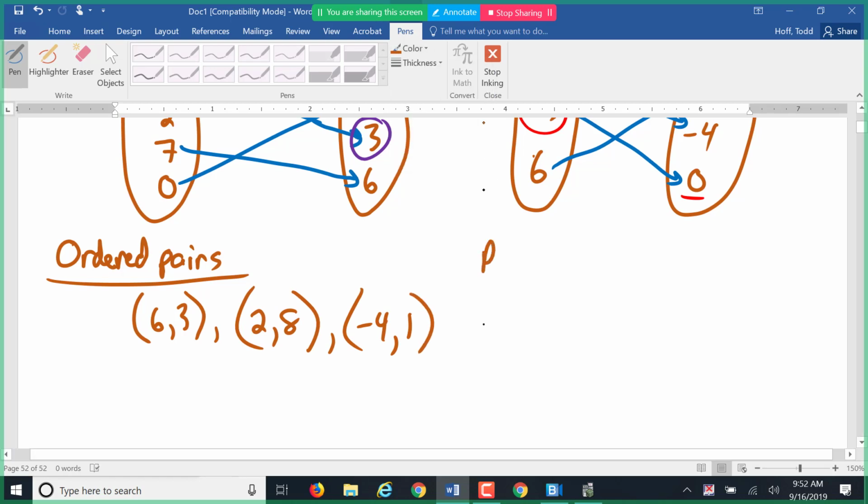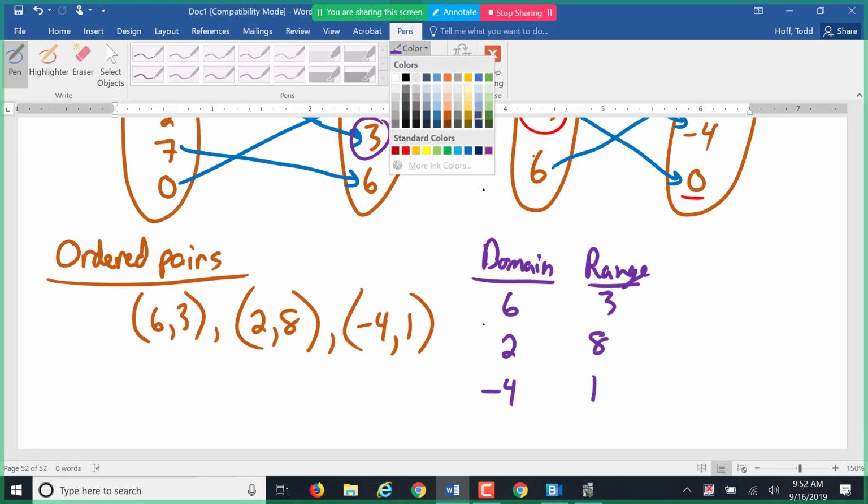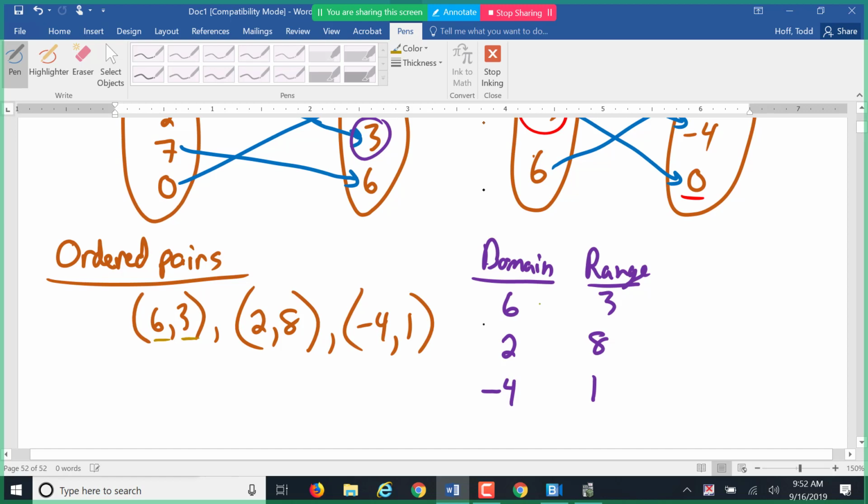Now the domain here is 6, 2, and -4. Our range is the 3, 8, and 1. And of course, they do just get mapped within the ordered pairs. 6 got mapped to 3, 2 got mapped to 8, and -4 got mapped to 1.